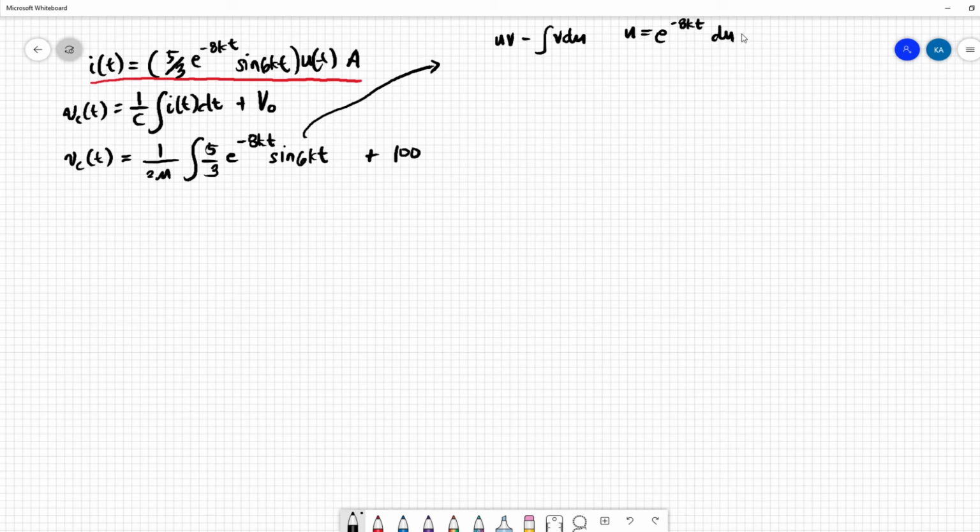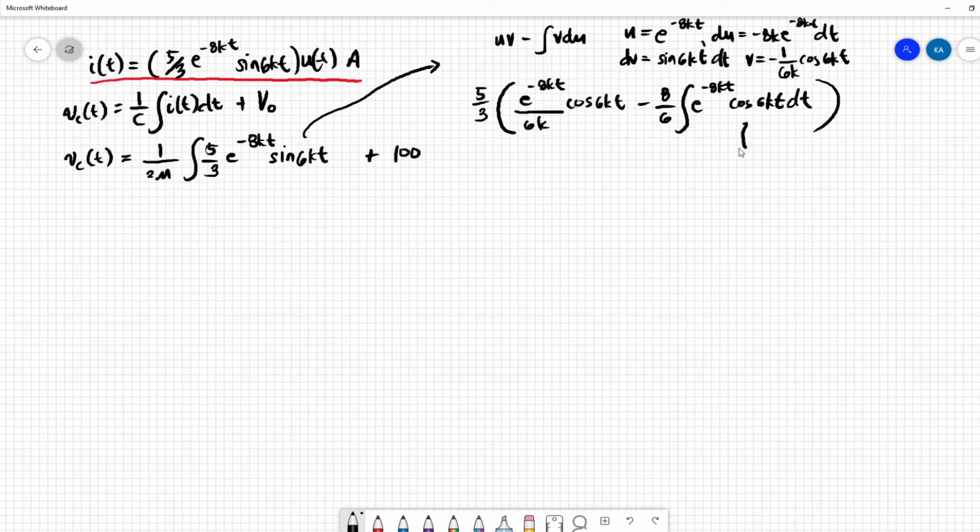Our du is equivalent to negative 8k e to the negative 8kt dt, and we have our dv equivalent to sine 6kt dt. So our v is equivalent to negative 1 over 6k cosine of 6kt. So we have 5 over 3.